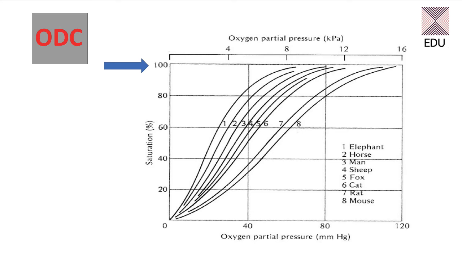So this is again one factor which is affecting the efficiency of a pigment, and to what extent that pigment can be saturated if you have lots of oxygen molecules. So this is again an efficiency parameter. This particular graph gives you efficiency parameters of the hemoglobins in different animals.